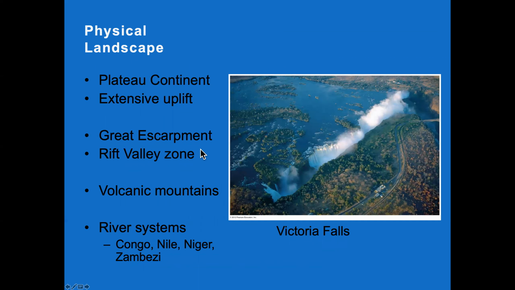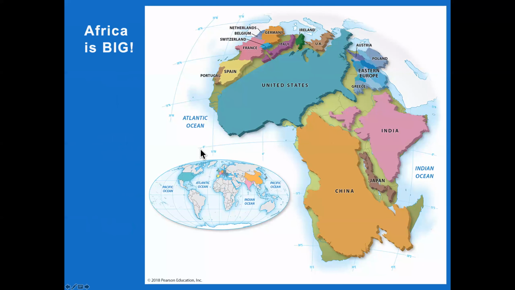Again, the physical landscape, as mentioned, very complex. From its river systems to the fact that it has this rather significant scarp along its terrain called the Rift Valley. Again, if you were to fit the United States, China, India, Japan, Europe, inside Africa, you could.